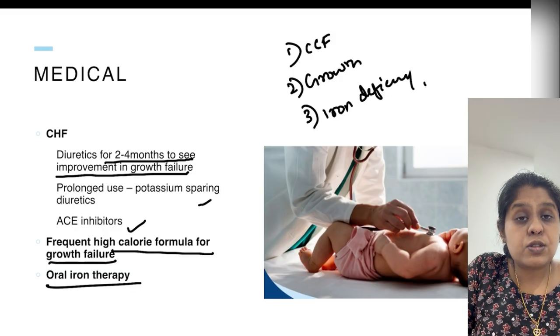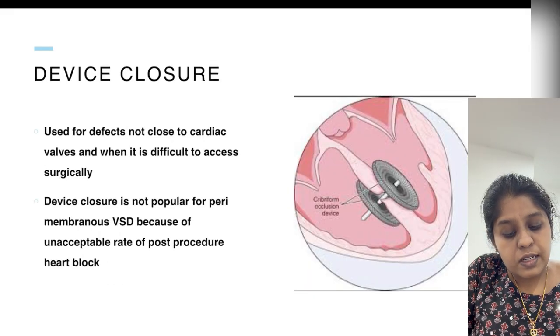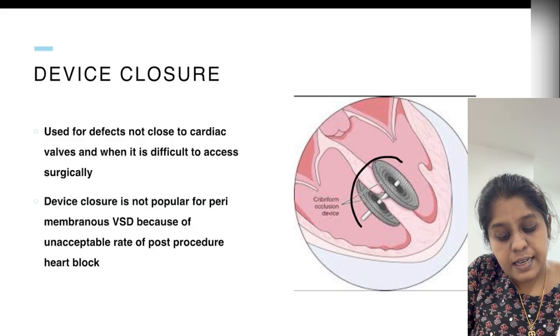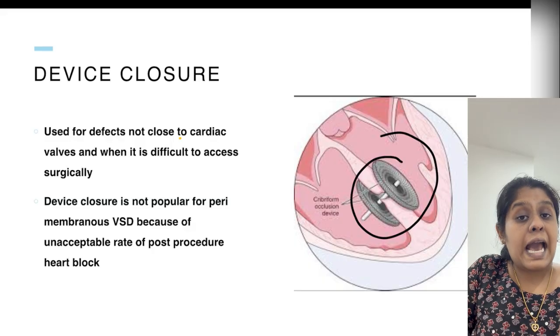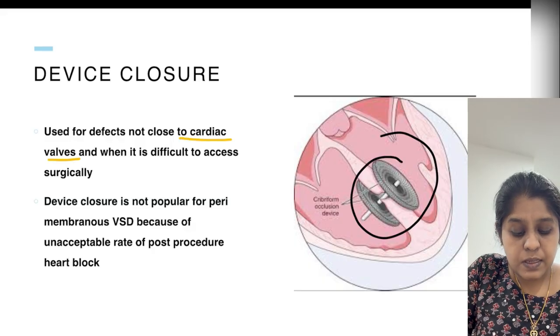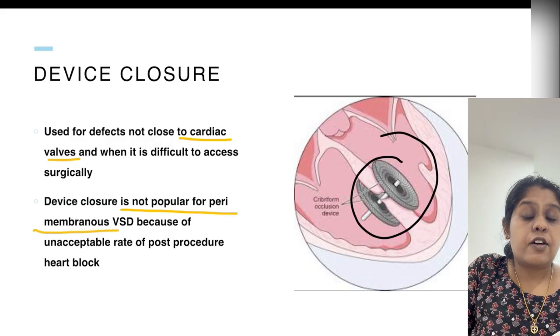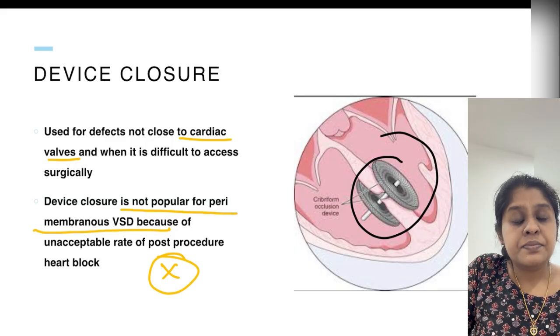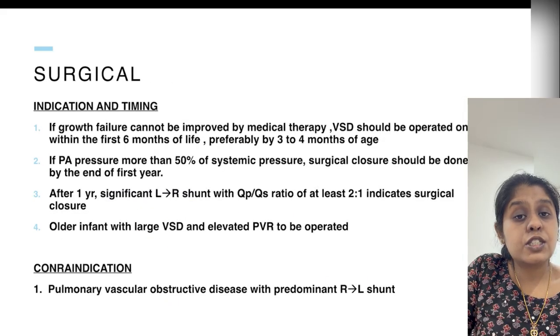Coming to device closure, it is used for defects which are not close to the cardiac valve, when it is difficult to access them through surgical management, and it is not popular for perimembranous VSD because of the risk of post-procedure heart block. Surgical management, so the indication for surgery, very important.